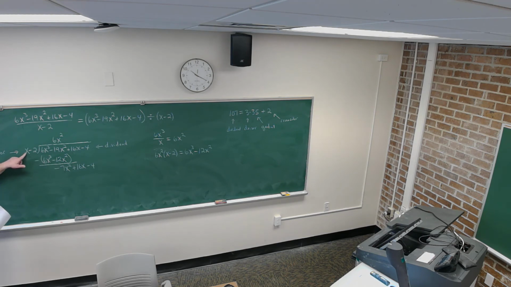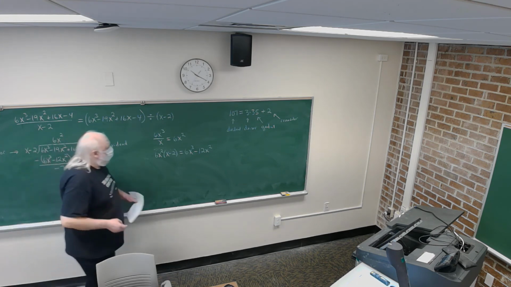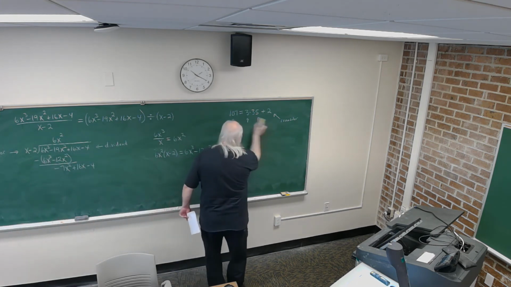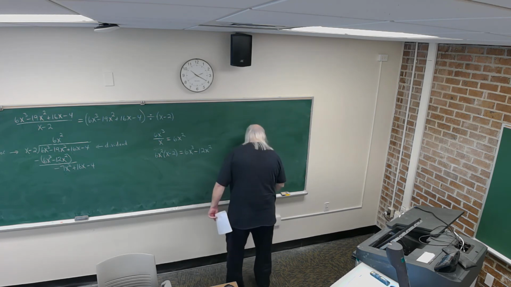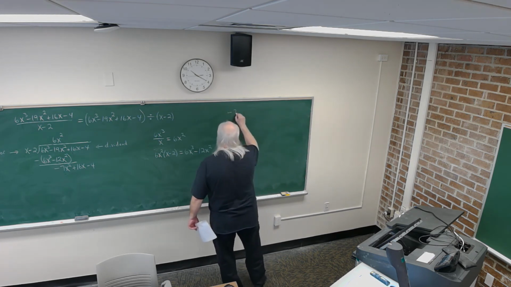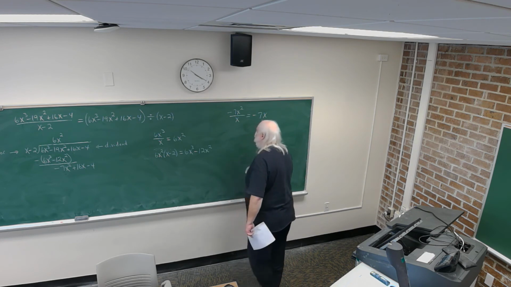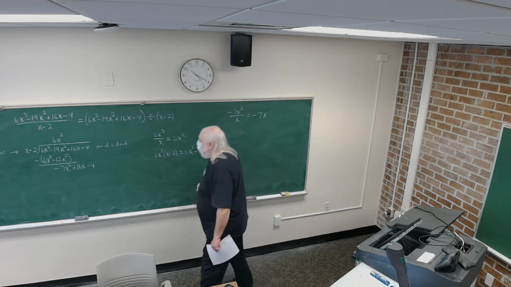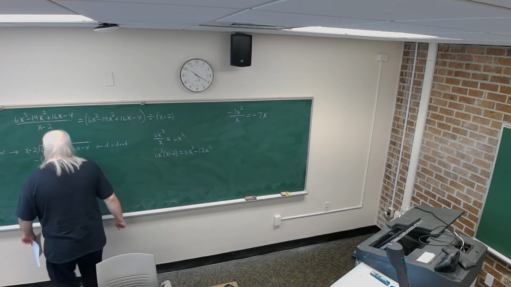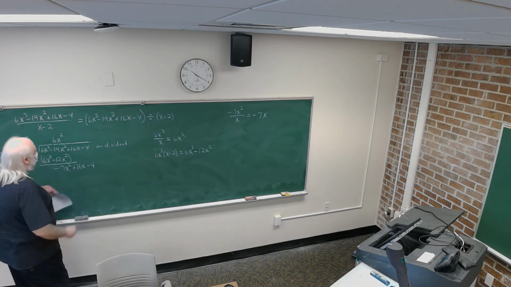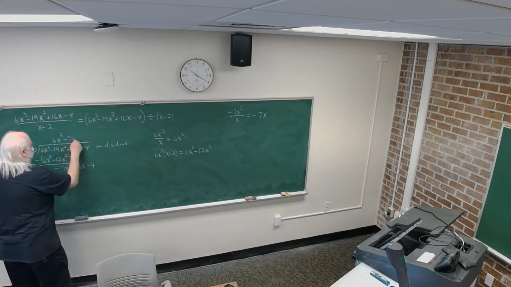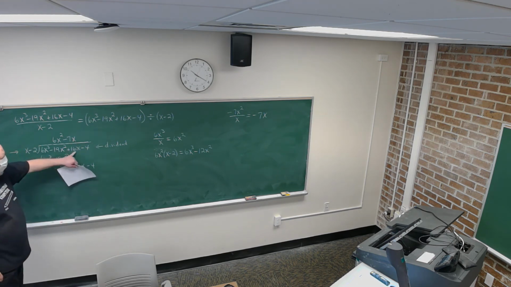So you got to ask yourself, how many times does x go into minus 7x squared? Minus 7x squared divided by x is equal to minus 7x, right? x squared over x is x. So x goes into minus 7x squared minus 7x times, right? So I write minus 7x above this term here in the dividend.